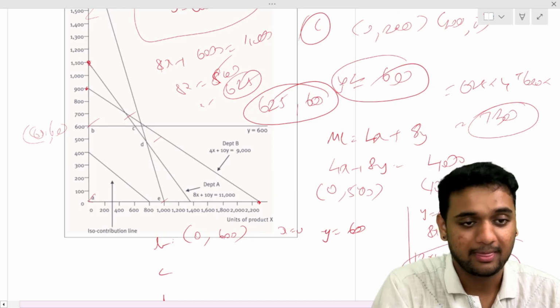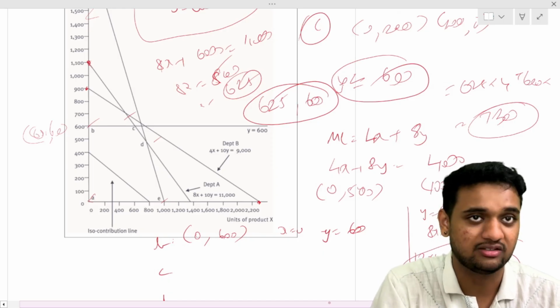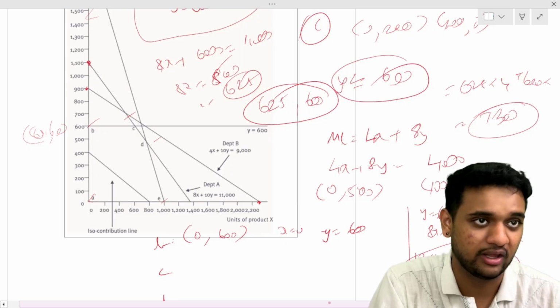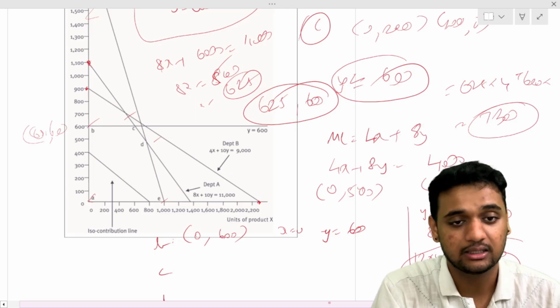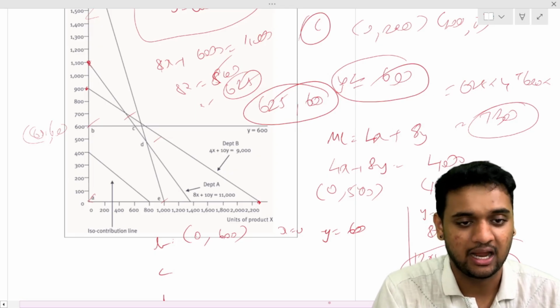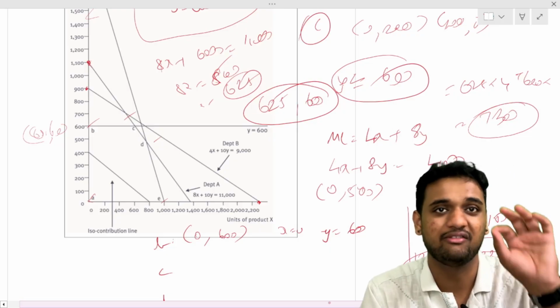So point D is an intersection of 2 lines, and point C is an intersection of 2 lines. In point C, the 2 lines are y equals 600 and 8x plus 10y is equal to 11,000. With that we found x and y.